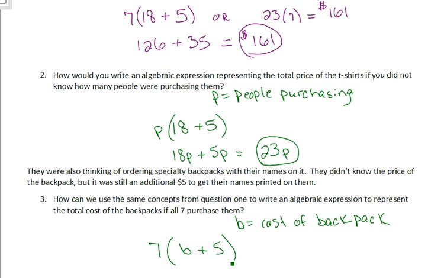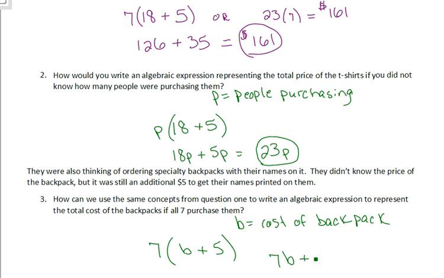Okay, again, writing an algebraic expression. So what can we do with all of this? Well, we know it's going to be the cost of the backpack times the 7 people. So it's going to be 7 times that amount plus the $35 for the names. So it doesn't matter, again, how much that backpack costs.